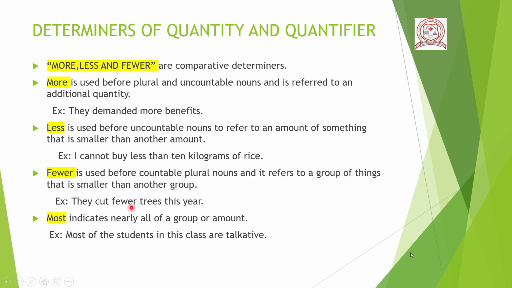They cut fewer trees this year. Here you can understand trees is a plural noun and a countable one, so fewer is used. Last year they had cut more, now they have cut fewer trees.